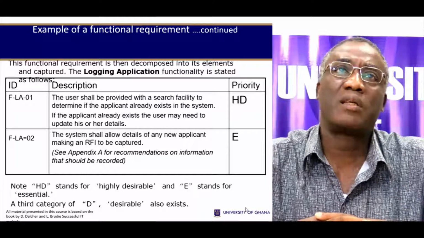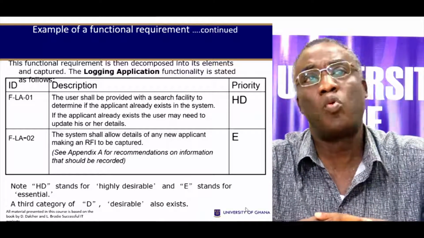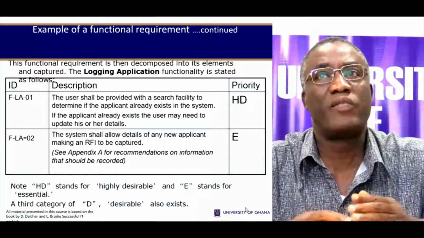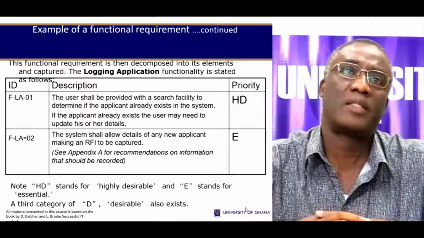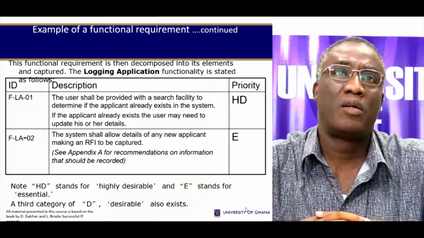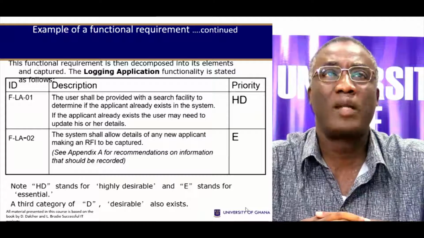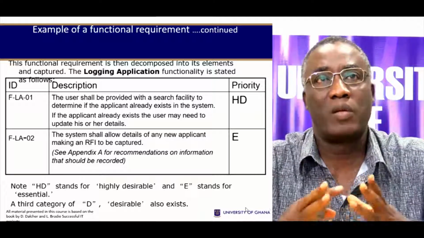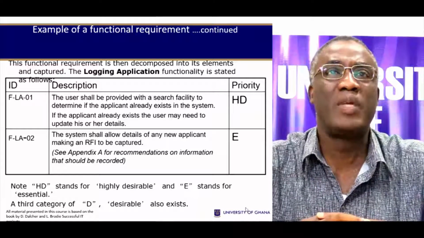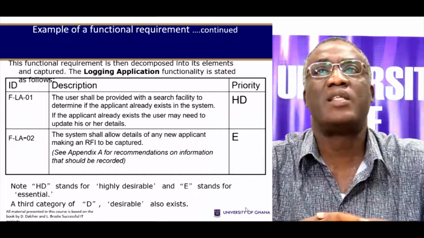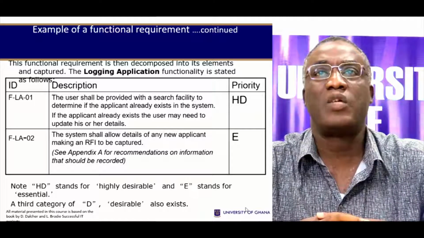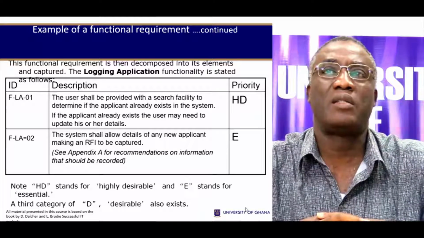This functional requirement you can decompose into a number of elements. In this case, we have decomposed it into two elements. The first one is the functional login application requirement 01. The description is that the user shall be provided with a search facility to determine if the applicant already exists in the system. If the applicant already exists, the user may need to update his or her details.